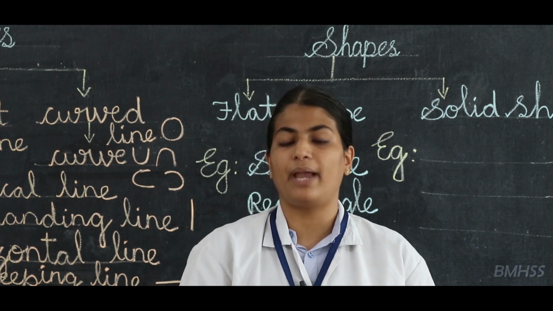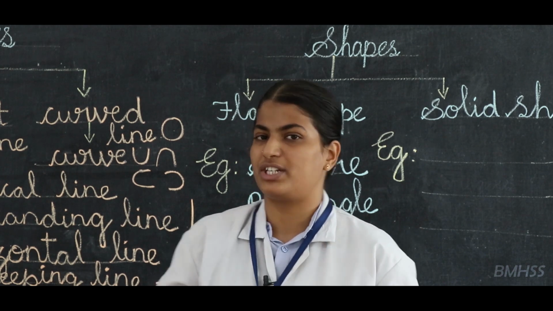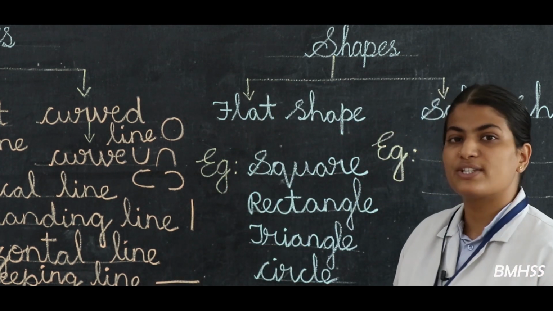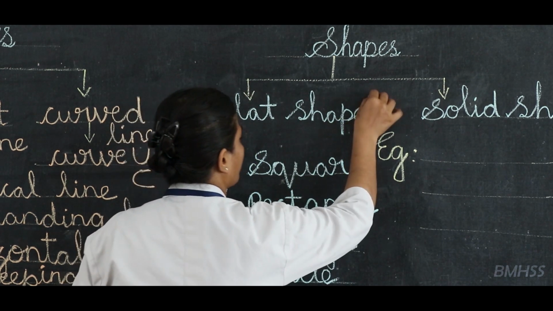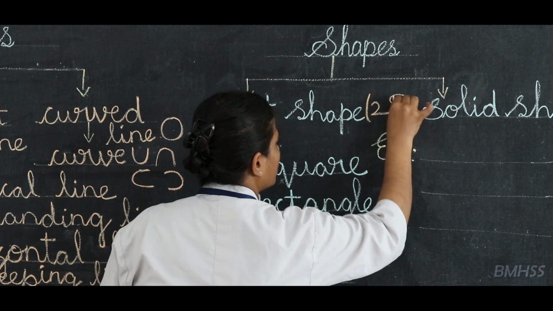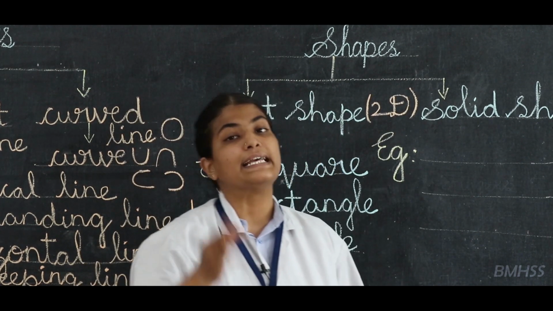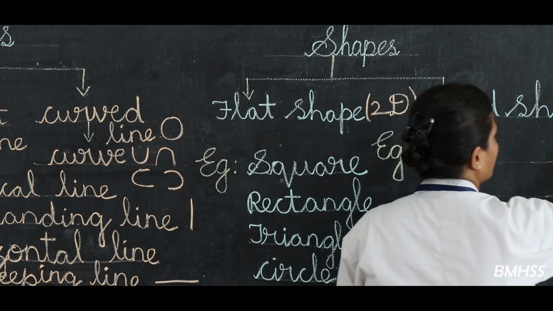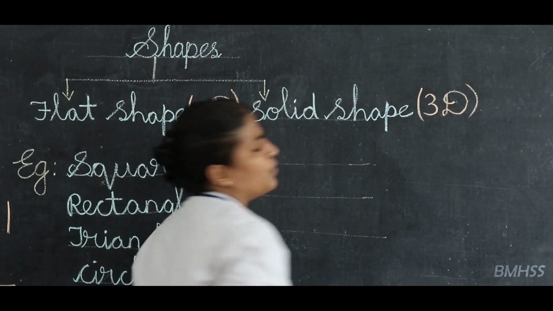Before going to solid shape, I will tell you the main difference between flat shape and solid shape. This flat shape is also known as 2D shape. The solid shape is also known as 3D shape. What is 2D? What is 3D?